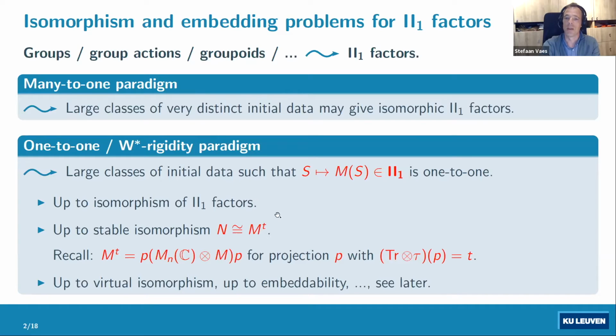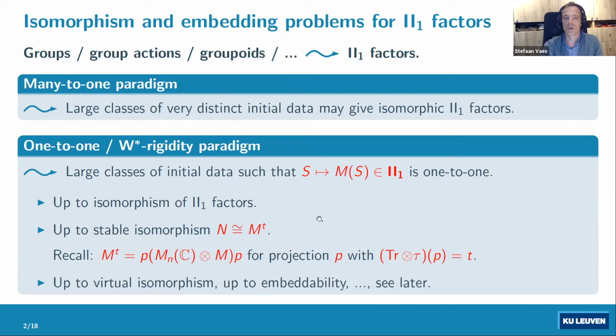It could be up to so-called stable isomorphism, because as I will explain, 2-1 factors have the property that you can take t by t matrices over them. So of course, we all know what are n by n matrices over an algebra, but we can do that with any positive real, as I will show you. And then there are all kinds of variants of this isomorphism notion as well that will come up later.